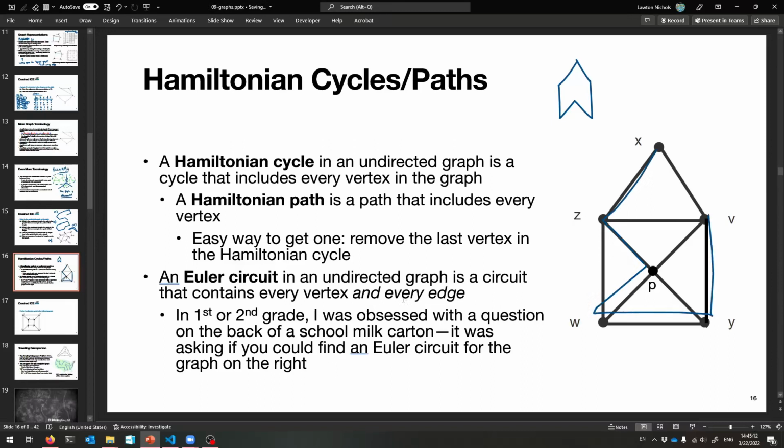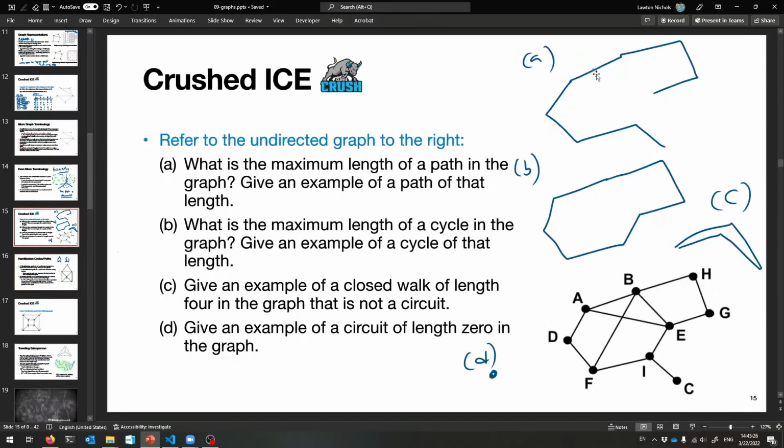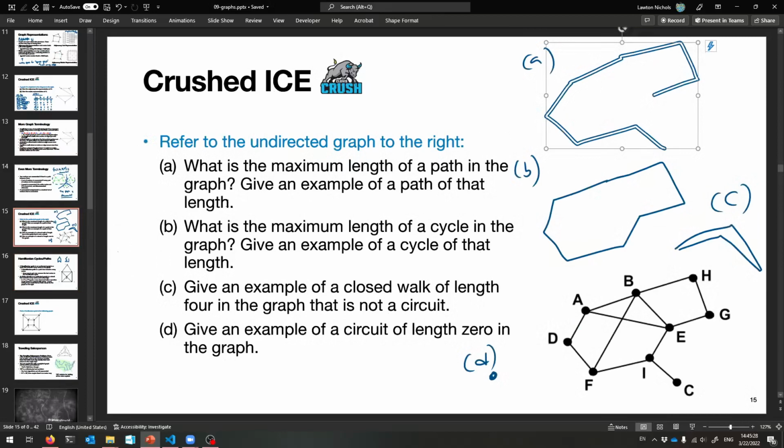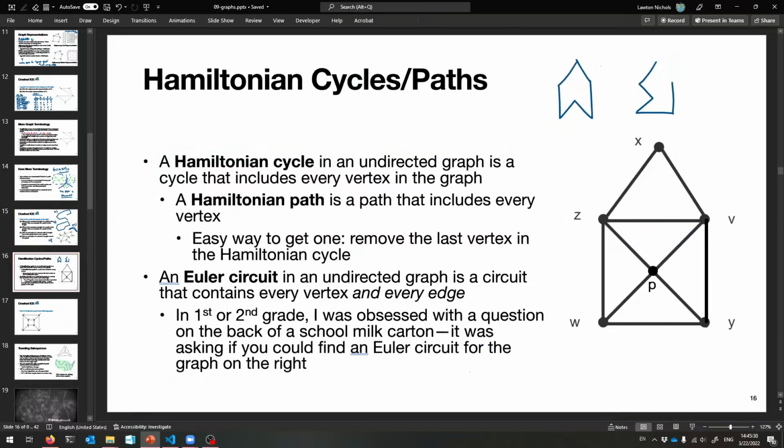So that is technically a Hamiltonian path. Those are like the best kinds of paths and cycles, ones that visit every possible node once. So now we have terms for this one. That was a Hamiltonian path, wasn't it? It's a path that includes every vertex.